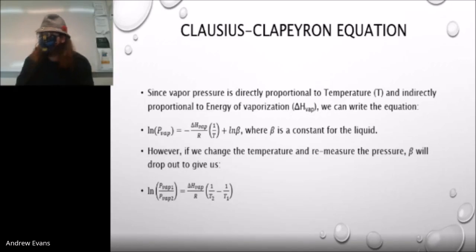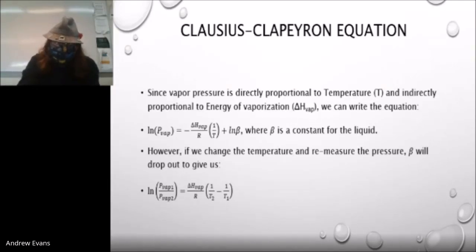You take a temperature and a vapor pressure, and you draw a straight line, and ln beta drops out. So we can get the natural log of P vaporization 1 over P vaporization 2 equals the enthalpy of vaporization over R times 1 over T2 minus 1 over T1.